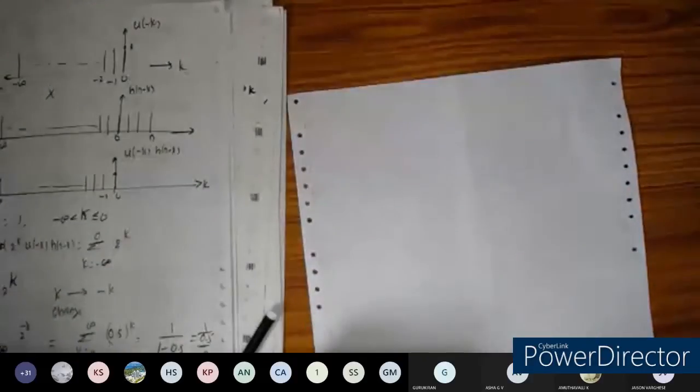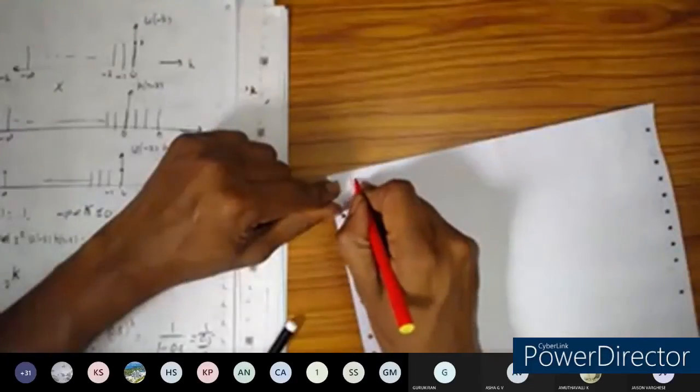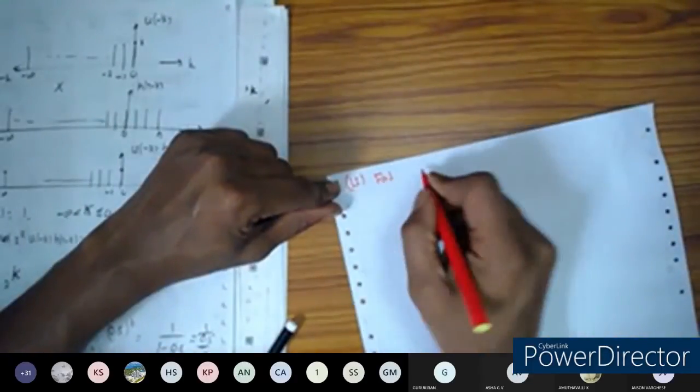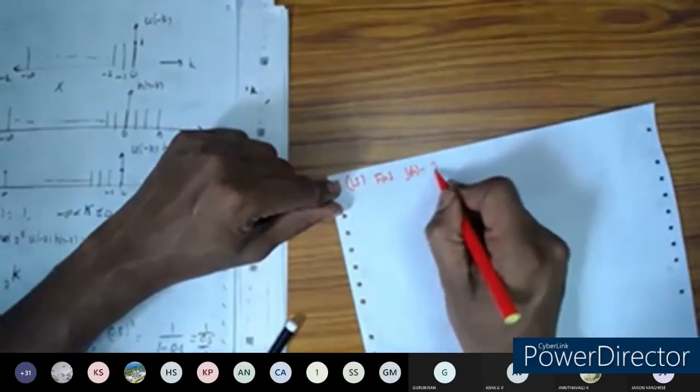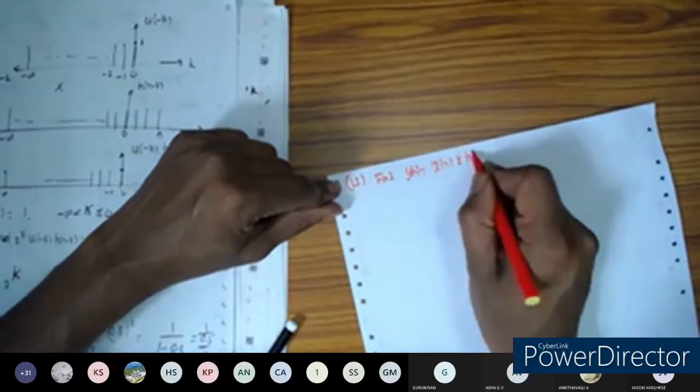Take problem number 13. Find y of n equal to x of n convolution with h of n.